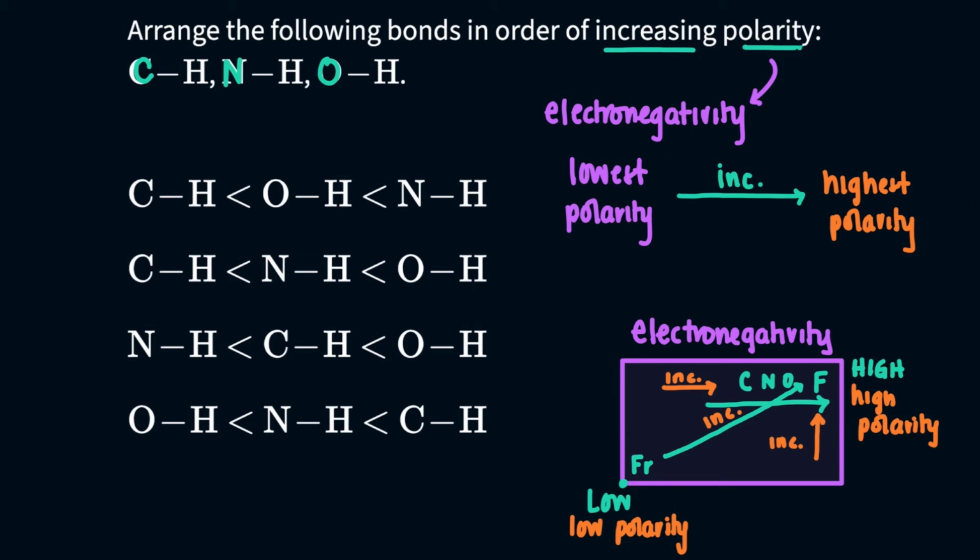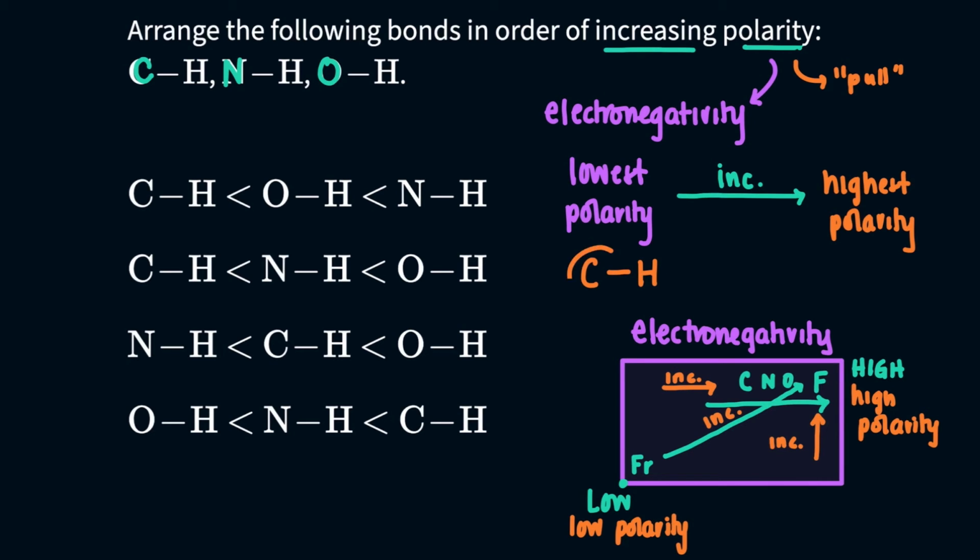Keep in mind that polarity is a fancy word for saying a pull or an attraction to electrons in the bond. So if you have low electronegativities, you ain't pulling anything. Your attractiveness is low and you can't grab those electrons as well. So we know that the carbon one would have to start. So CH would have to be on the left-hand side.